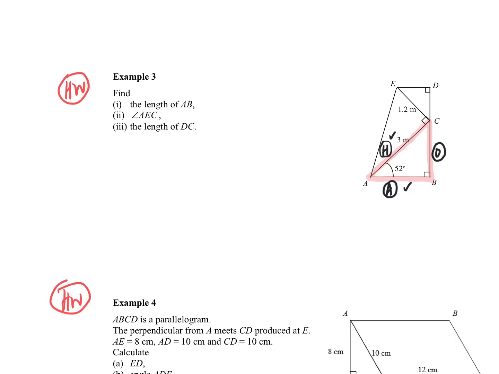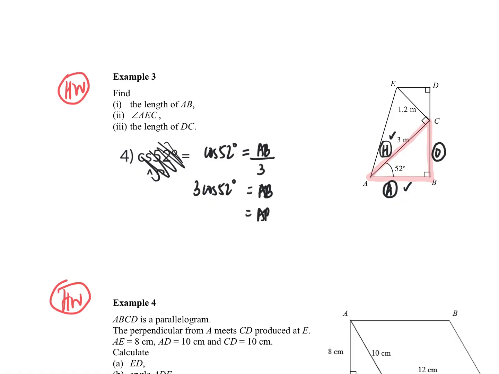So you do a cross multiply. Cosine 52 is AB over 3. So AB is 3 cosine 52.